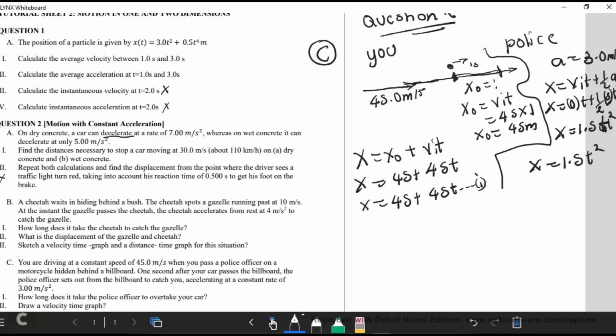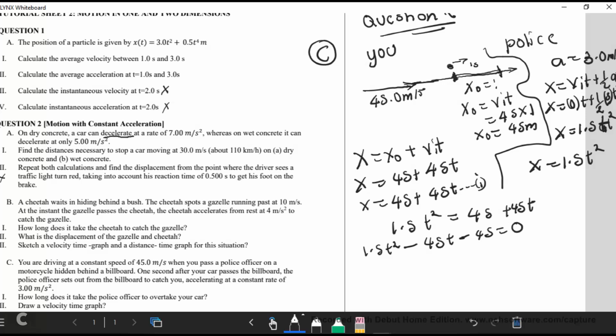So after you have the equation for you and the equation for the police, let's equate them together. So you have 1.5 t squared equal to 45 plus 45t. When this one goes to the other side, it's supposed to be negative 45 t, and negative 45, is equal to 0.